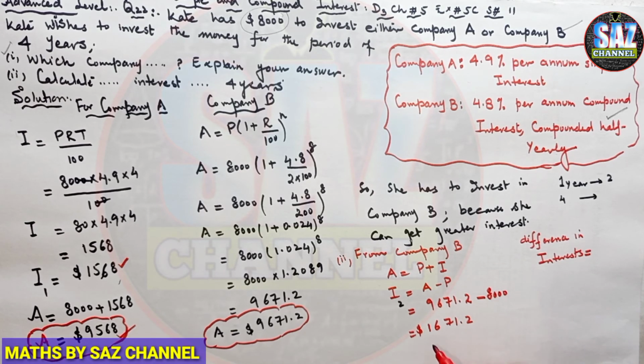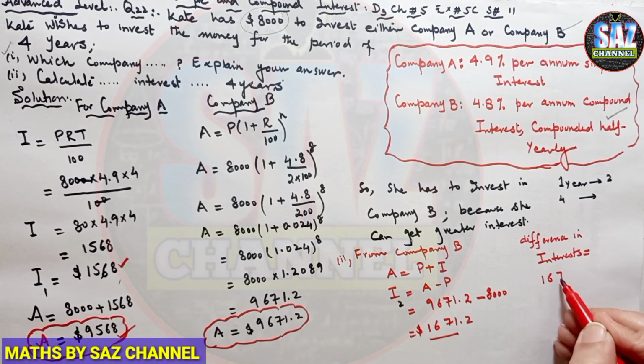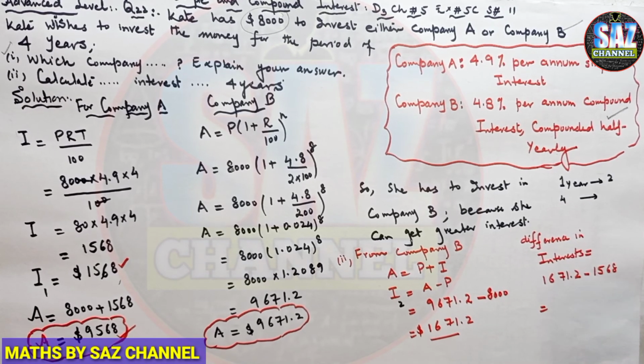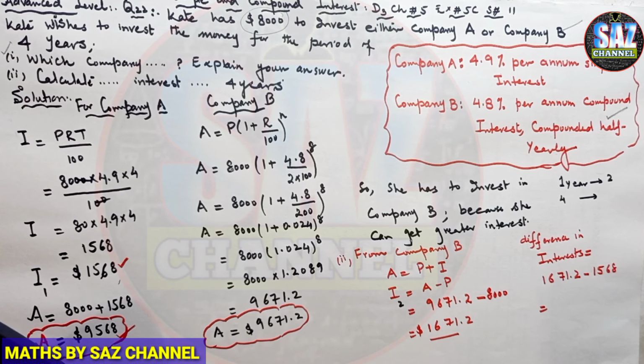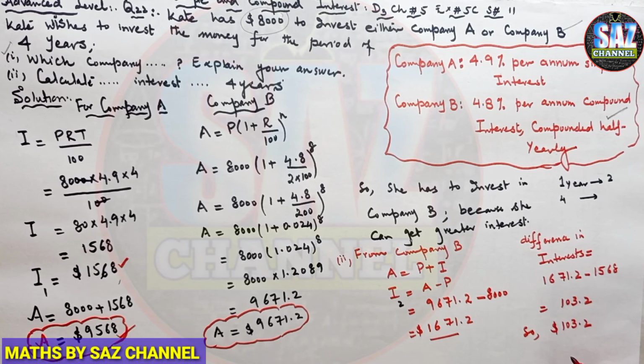We have to take the difference between these two values, and it takes the form 1,671.2 minus 1,568, and I get the answer $103.2. So the difference in interest is $103 or 103.2. I hope you are clear about this lesson.